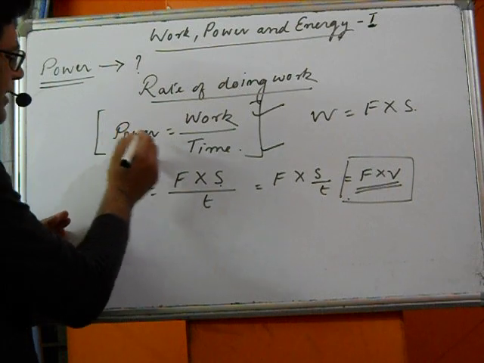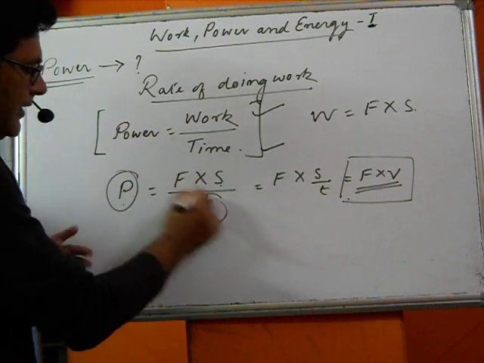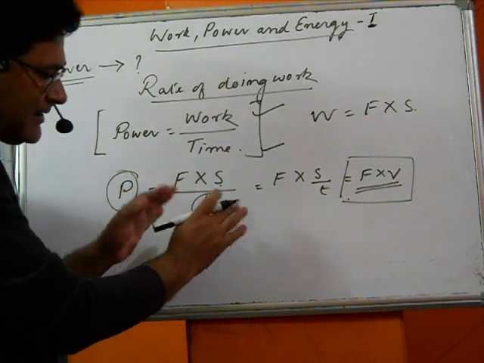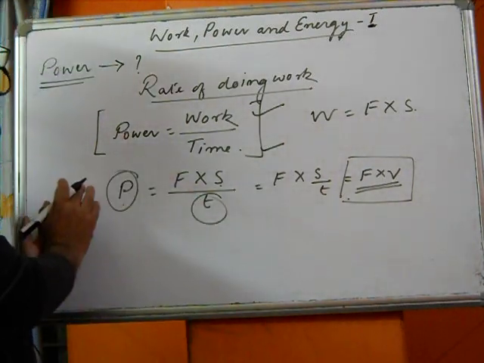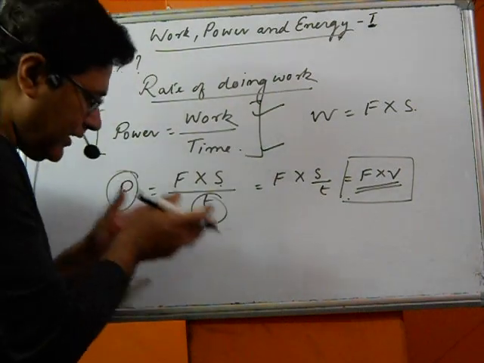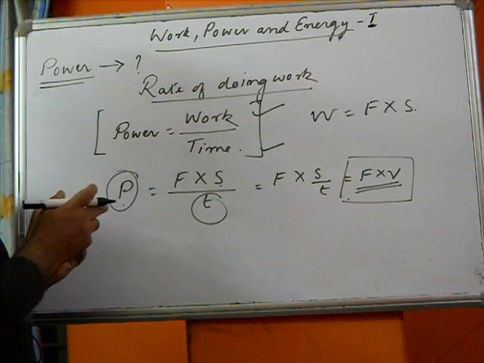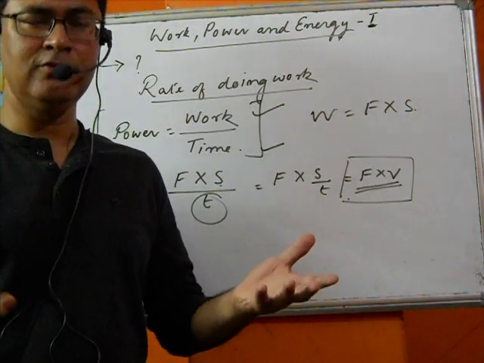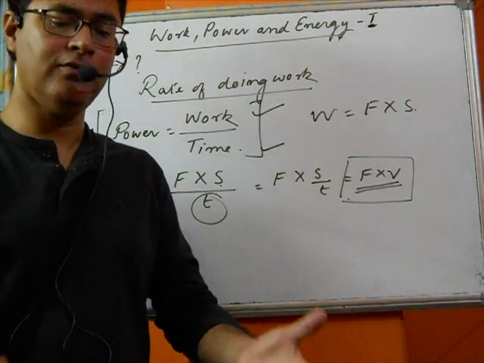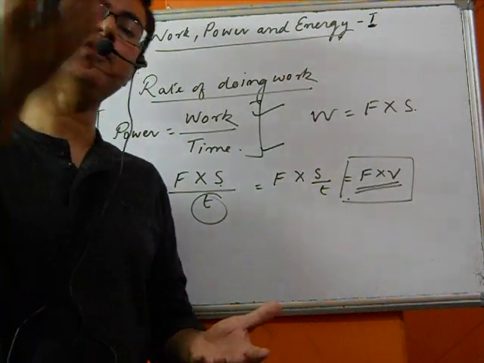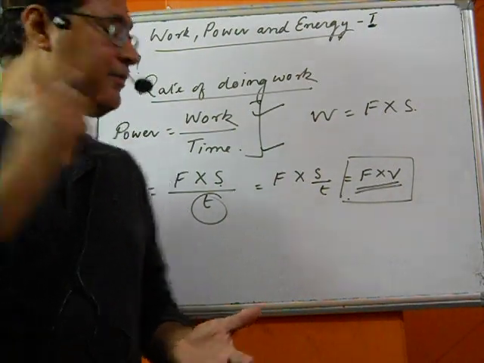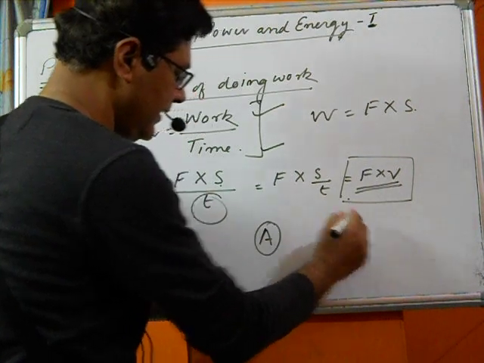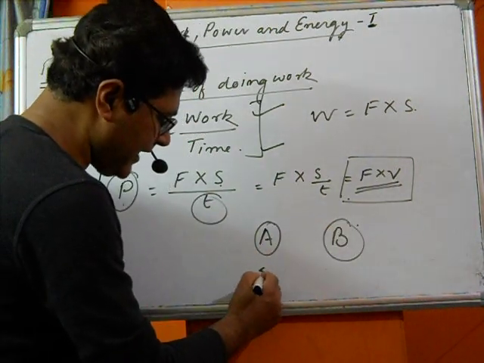The relationship between power and time is inversely proportional. Whenever the time is less, the power is more. Whenever the time is more, the power consumed is less. Suppose two persons, A and B, are lifting a load from the ground floor to the first floor. Person A requires 5 minutes.